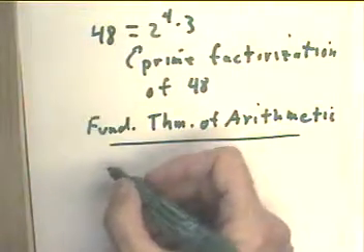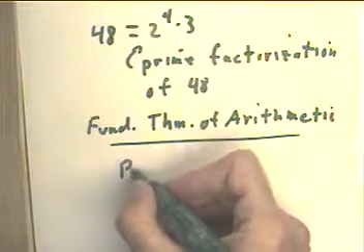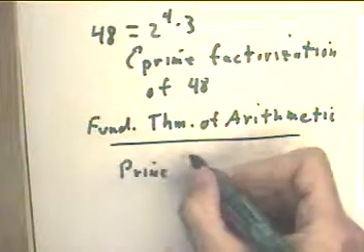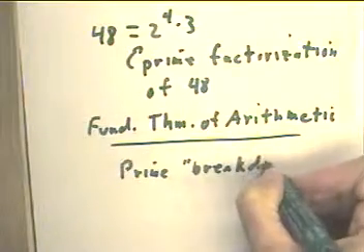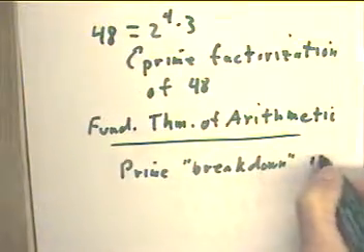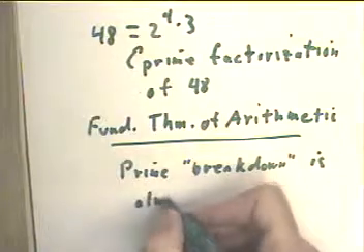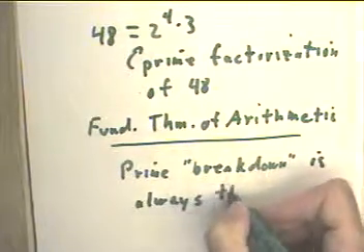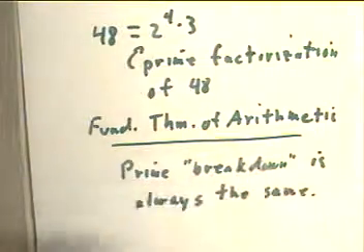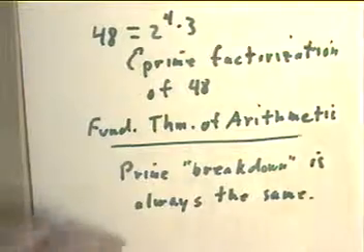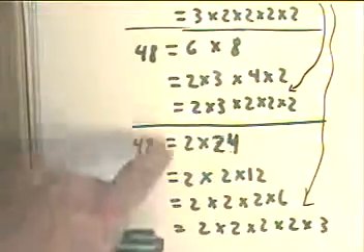So it basically says the prime factorization, the prime breakdown, is always the same. Now you can read the formal statement in your book, but this is really what it means. When you break a number down, you always get the same thing.